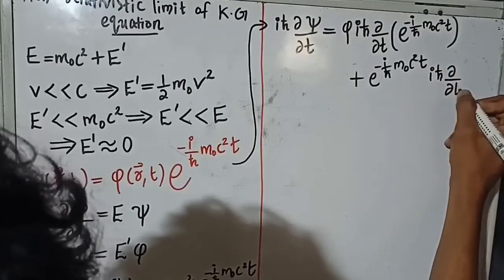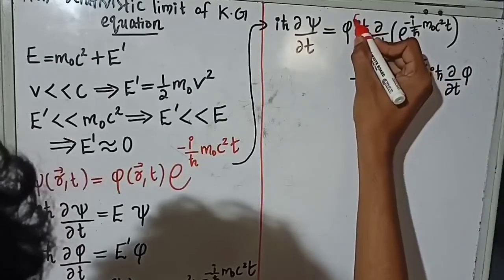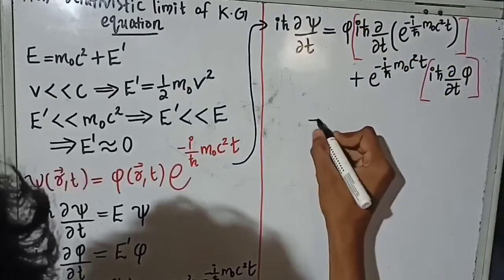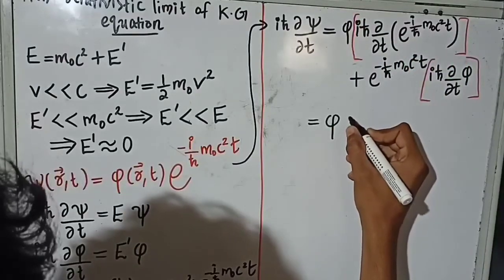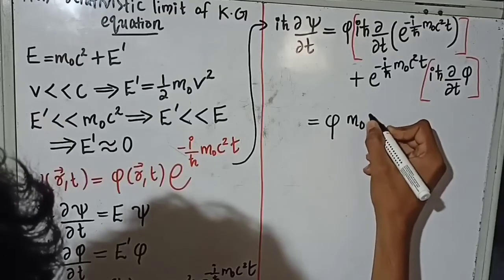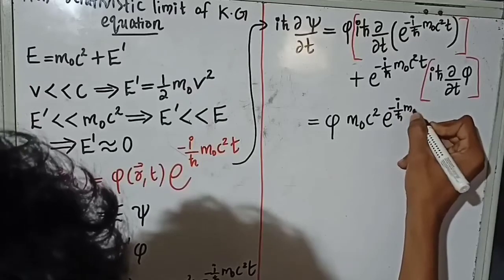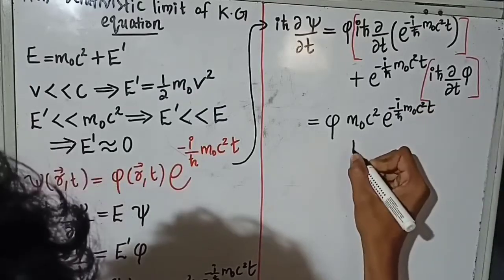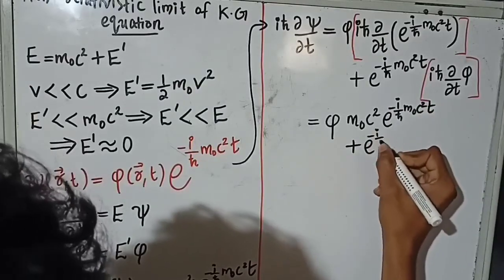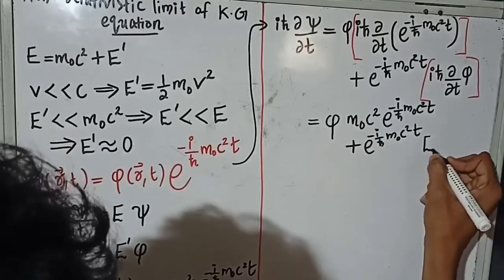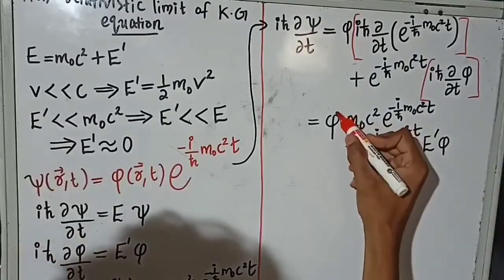i h cross dou phi by dou t. Let me separate this action of the energy operator with a red color. This is actually phi times m0 c square times the exponential part, plus the exponential part times E dash phi.